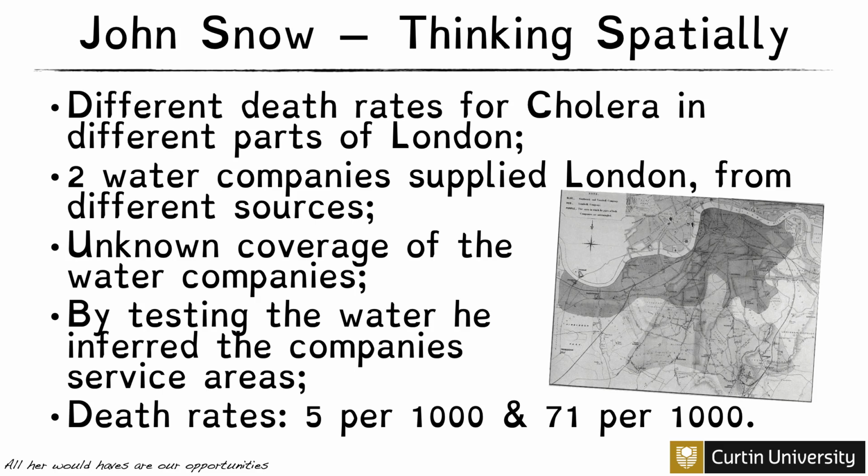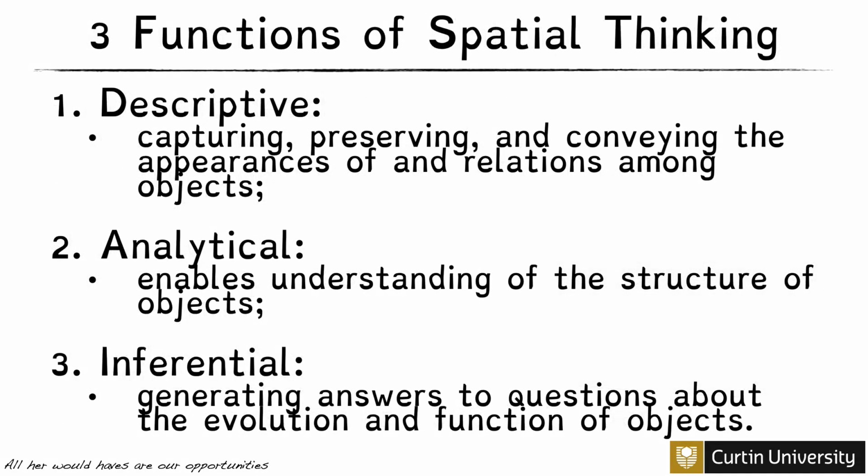And what he was able to do was actually infer and spatially analyze what taps were being supplied by what water companies. Now, this was extremely revolutionary. So we say Jon Snow was the very first spatial scientist.